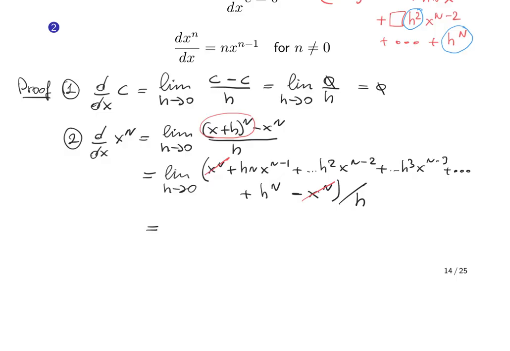Now we have a bunch of terms that all have an h in it. H here, h squared, h to the power 3, all the way up to h to the power n. And we're also dividing by h. So let's remove one h.